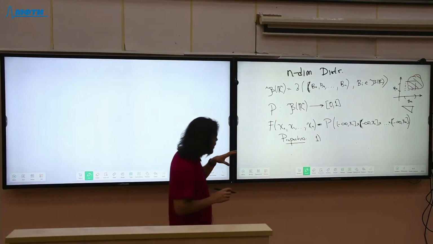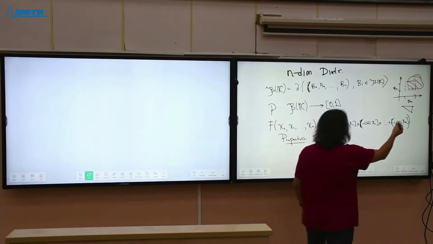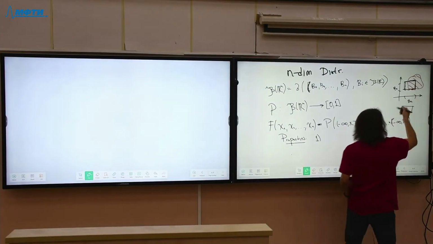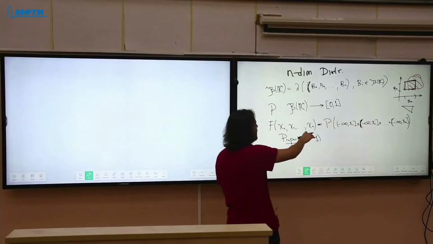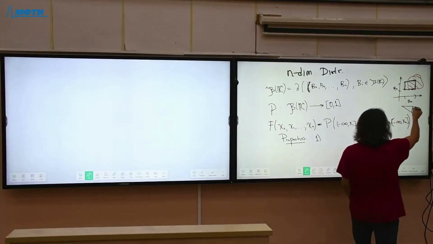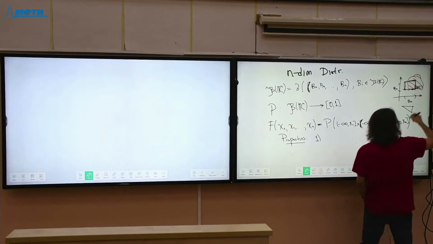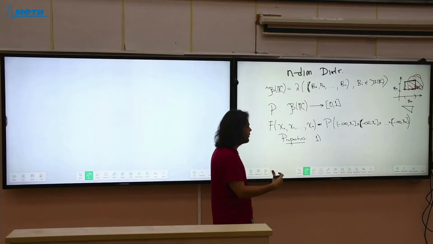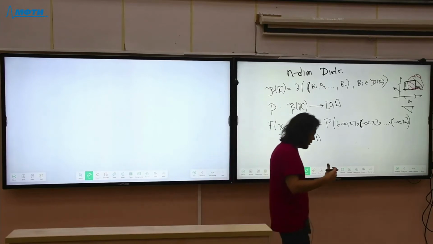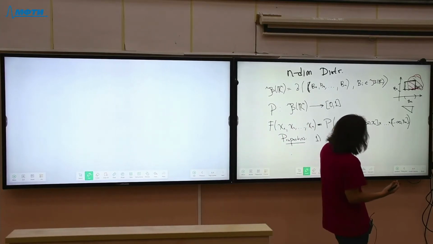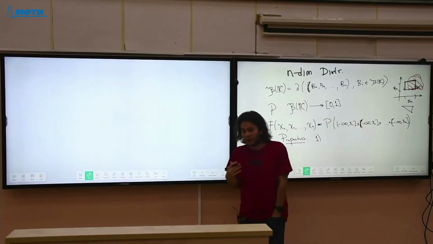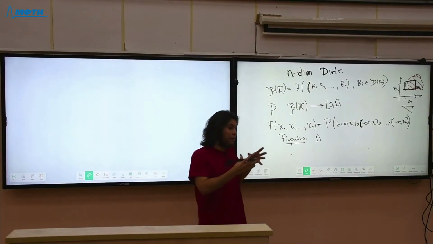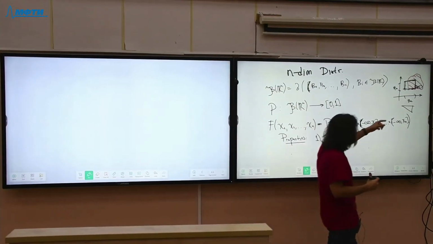And in this case, we have to make sure of the following: that for every possible Borel set like this, the probability of this is going to be greater or equal than 0. So the area of every possible figure is greater or equal than 0. Because the probability is always greater or equal than 0, it means that the area, and area in this case means probability, has to be always greater or equal than 0.